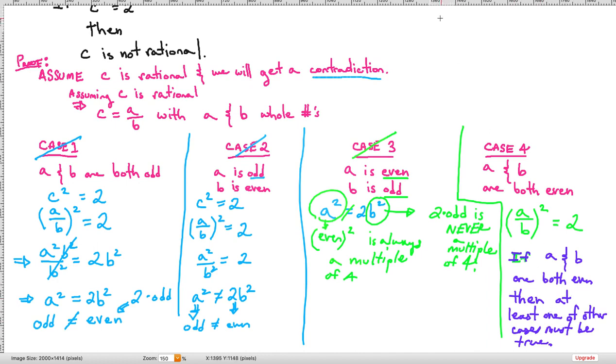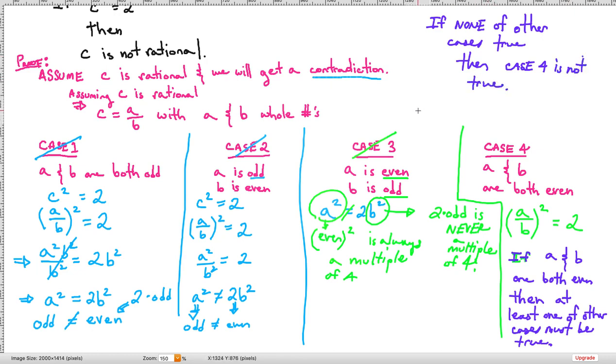The contrapositive is: if none of the other cases are true, then case 4 is not true. Okay, and that's the contrapositive of this.